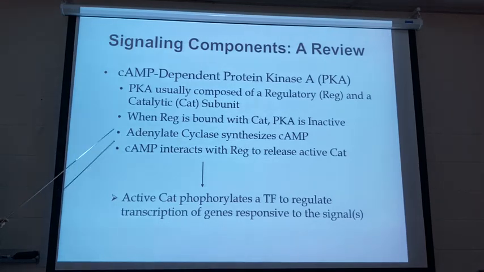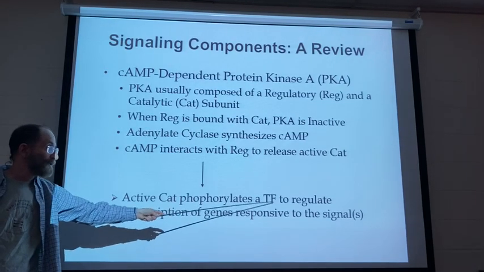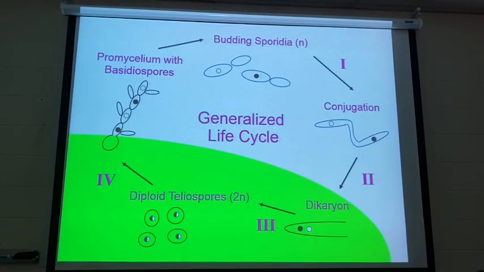And cyclic AMP is synthesized by adenylate cyclase, and when cyclic AMP binds to the regulatory protein, it releases the regulatory subunit of the complex, and it leaves the catalytic subunit active, and then the catalytic subunit can phosphorylate targets which include transcription factors. And again, what that leads to is a change in gene expression as a response to a signal. Okay? I think the next slide is actually that.